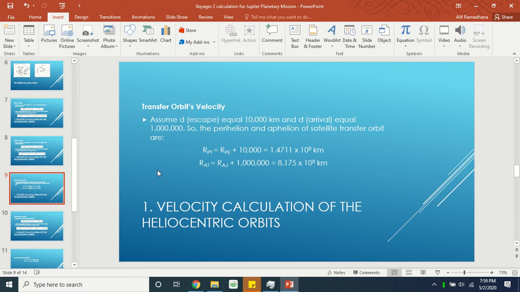So the perihelion and aphelion of the satellite transfer orbit are 1.47111 times 10 to the power of 8, and its aphelion is 8.175 times 10 to the power of 8.